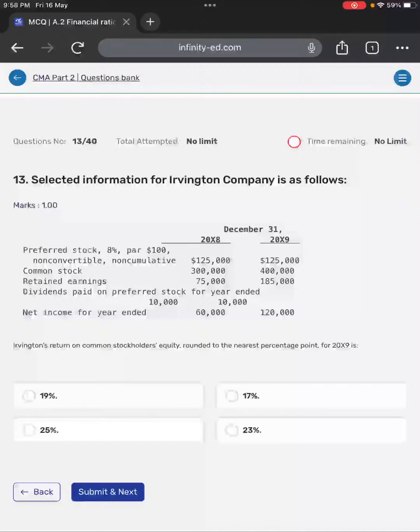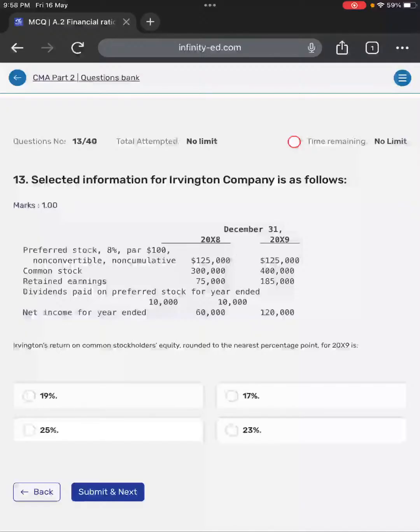Dividend paid on preferred stock 10,000, and net income for the year 60,000 and 120,000. Basically, the return on common stockholder equity, rounded to the nearest percentage point, is the return on common stockholder equity.